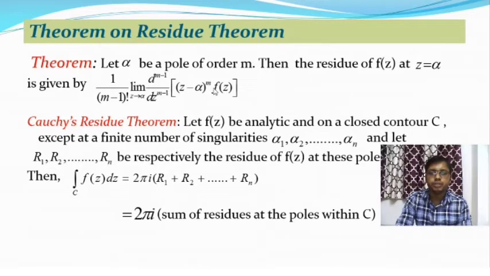So f of z is any function, and alpha is a pole of order m. And you know from residue theorem we will find the value of any difficult integration.